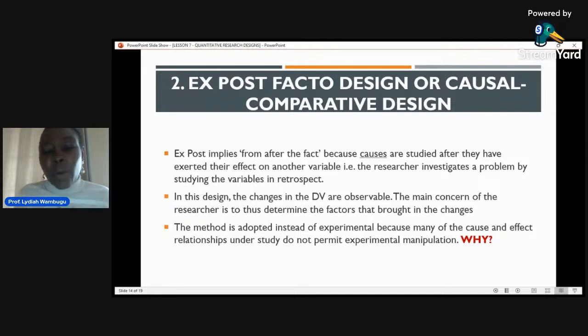If, for instance, I wanted to do a research on effectiveness of a teaching resource to the performance of students in basic education. So you want to find out, now that the government has introduced a new mathematics book, what are the changes that this book has brought? That is what I want to study.